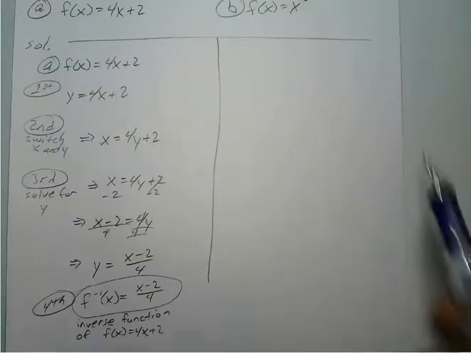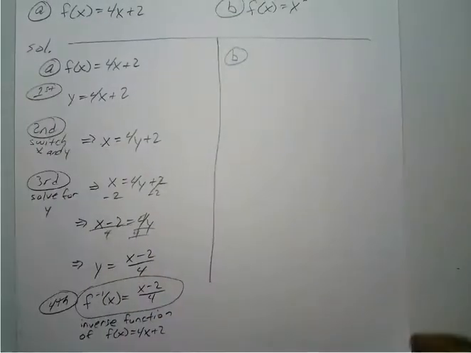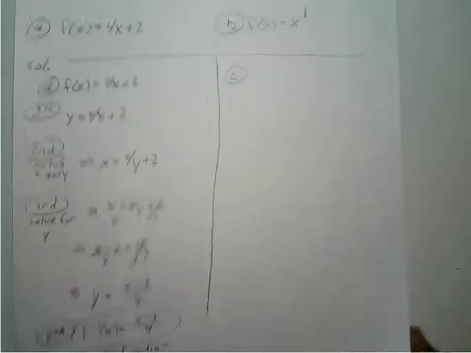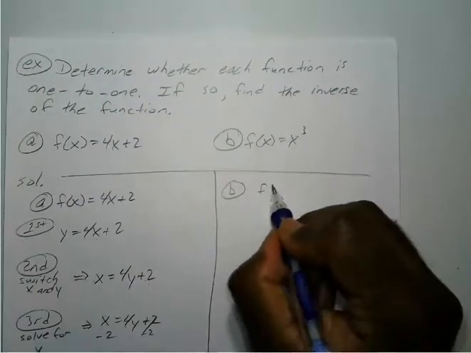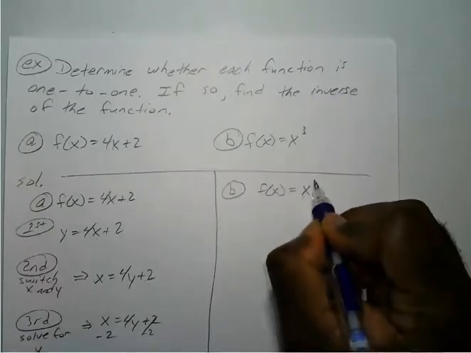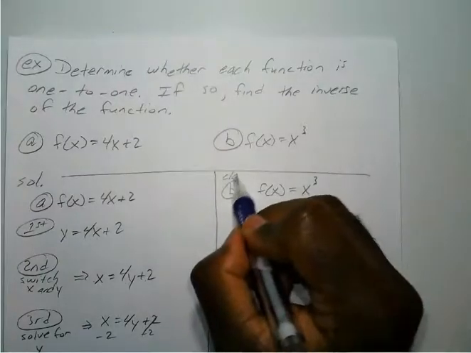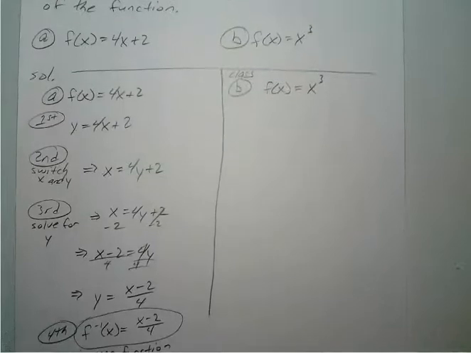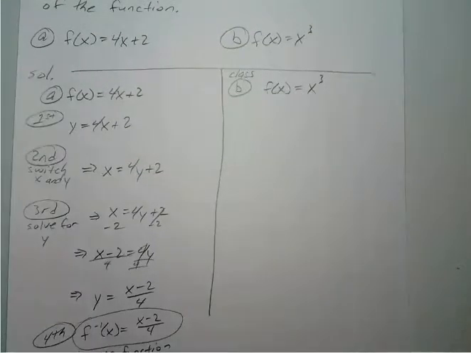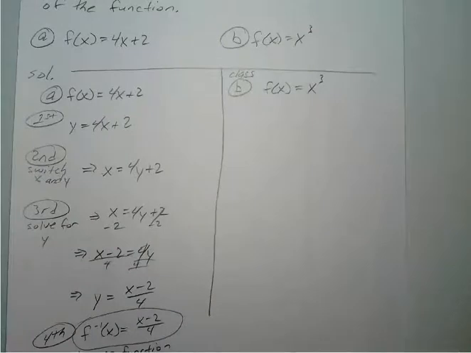All right, so go ahead and go with B. Bring that down a little bit. Okay, so f of x equals x to the third power. Actually, what I want you to do is, following these same 4 steps, find the inverse function of f of x equals x to the third. Go ahead and press pause and see if you can solve that one on your own.